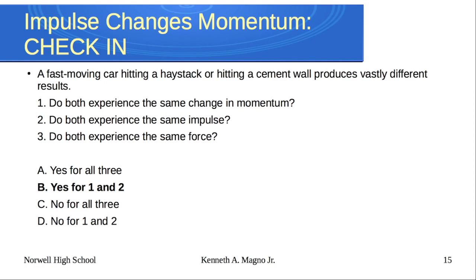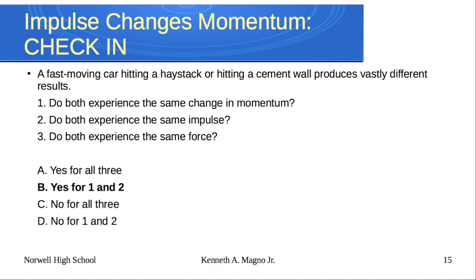So 1 and 2 are correct. They're going to experience the same change in momentum because the vehicle is going from one speed to another speed. So delta v is the same. It's the same mass. So that's the same change in momentum, and change in momentum is impulse.